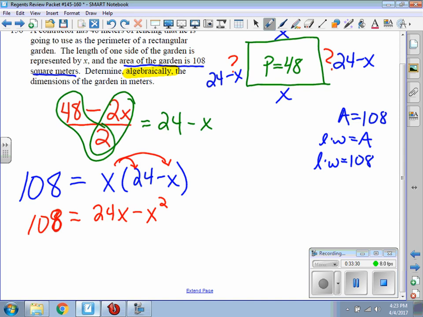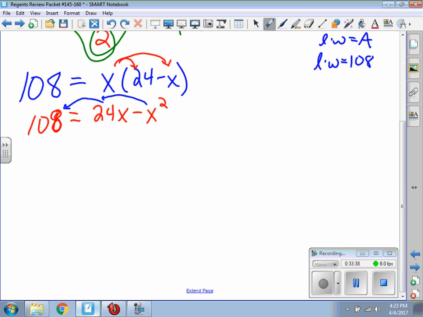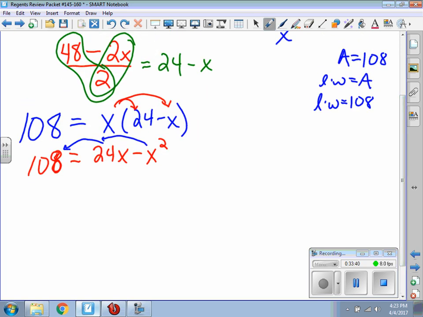Let's move everything over to the left so that the minus x squared becomes a positive. I'll write it in standard form, which means the x squared goes first. So a positive x squared, when the 24 comes over, it will become a negative 24x plus 108 equals 0.